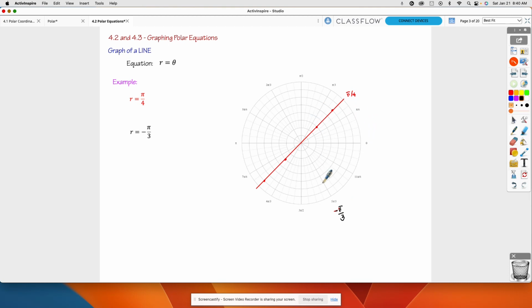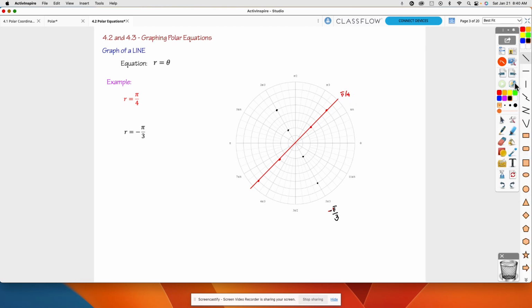So every point on this line represents a theta value equal to negative pi over 3, no matter what the value of r is. Your theta remains at negative pi over 3. So it will be this straight line.